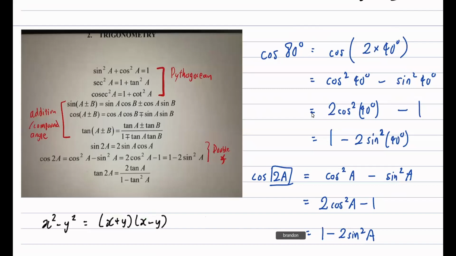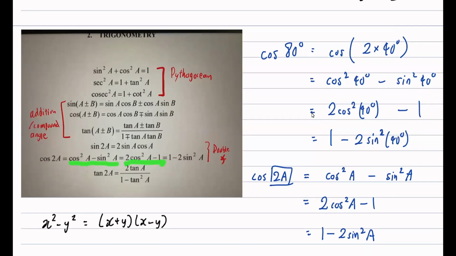However, since we're talking about double angle, let's just continue a bit more. So here, 2 cosine square A minus 1 versus cosine 2A. What's the relationship here? What's so special about this? Can you see any special patterns? Compare with the previous one, cosine square A minus sine square A. Now it changed to 2 cosine square A minus 1. That's because you substitute the sine square.